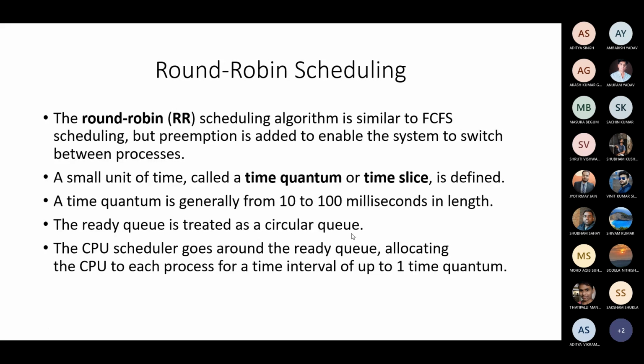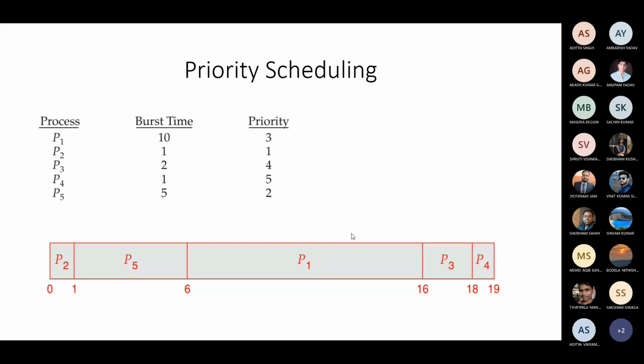Yes, sir. What is the data structure that you will use in priority scheduling? Heap. Sir, a heap, max heap. Okay, fine. Max heap, min heap, you can use anything. But if you are naive and you don't know anything, you start with a priority queue.